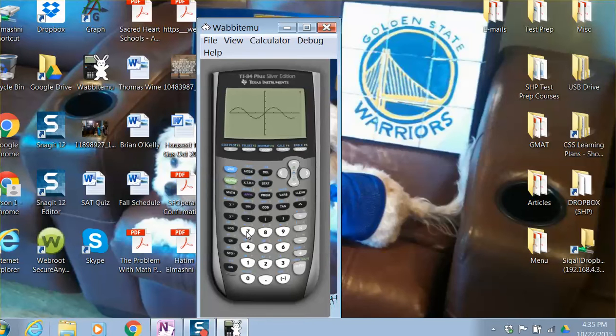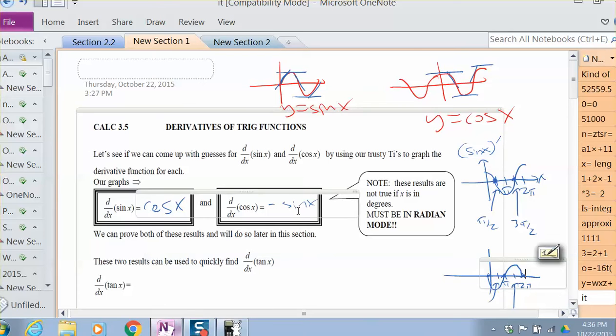So there's a sine curve, as we know. And the derivative graph is coming right now. Oh, look at that. Definitely that's a cosine graph. Or, if I make that a cosine and graph, there's a cosine graph, which again was the derivative of the sine graph that we just saw. And then the next graph that's coming is like a sine graph, but it's the reflection of sine over the x-axis, because it's negative sine x. So that's what's happening there.